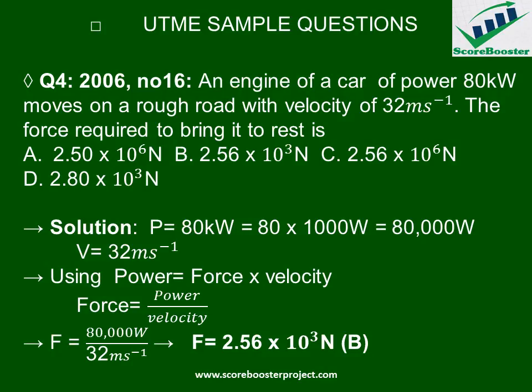We can make force the subject by dividing both sides by velocity to get force equals power over velocity. So when we substitute, the force will be power, which is 80,000 watts, divided by velocity, which is 32 meters per second, and that gives us 2.56 times 10 raised to power 3 Newton, making option B the correct answer for this question.